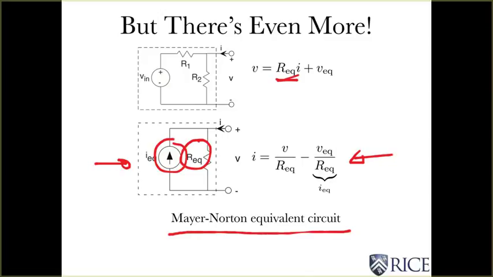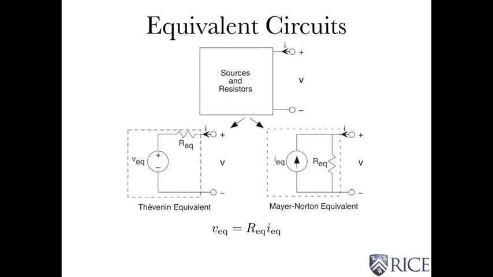Meyer-Norton is named for two engineers, Edward Norton, who is from the US, and Hans Ferdinand Meyer, who is from Germany. And they developed this idea at almost exactly the same time, but independently. So we have two different ways of thinking about a circuit.